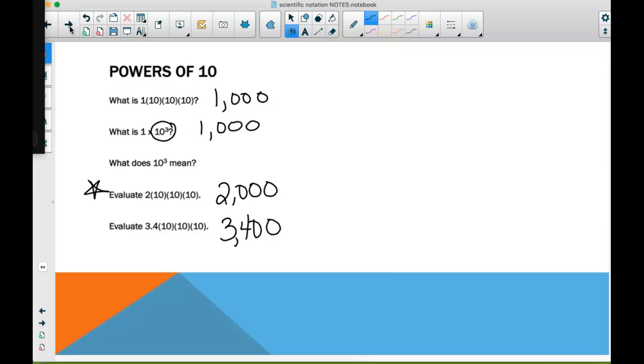Now, ultimately, what I want you to get from this is what happens when we multiply a number by 10. If I take any number, 7 times 10 is 70. It ends in 0. I heard somebody say it adds a 0. Kind of. What if I did 4.3 times 10?